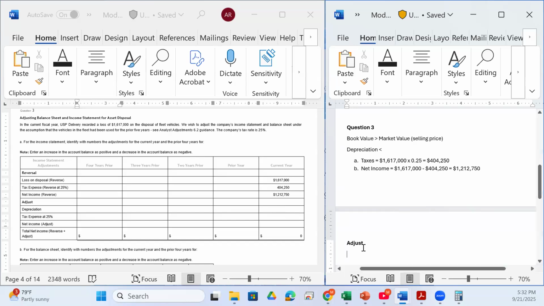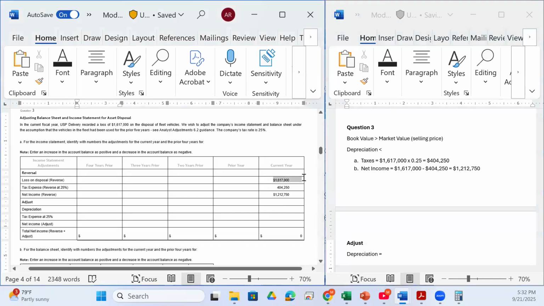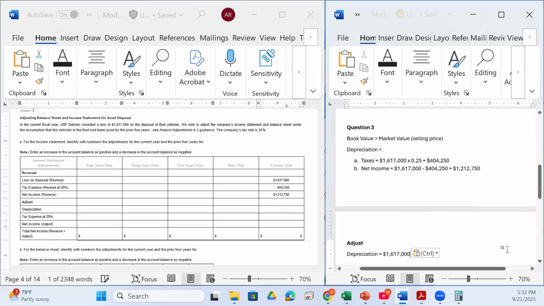So that basically means our depreciation amount will be our loss divided by 5 years.